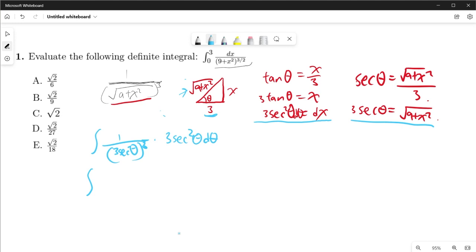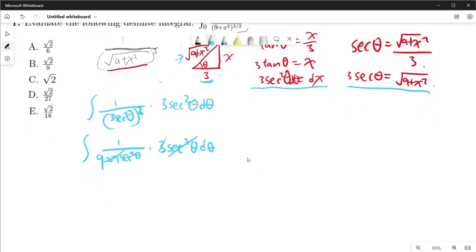And then we will have 27 secant cubed theta times 3 secant squared theta. 2 of those cancel out. That will be a 9 in the bottom. So at the end, we have 1 over 9 secant theta.